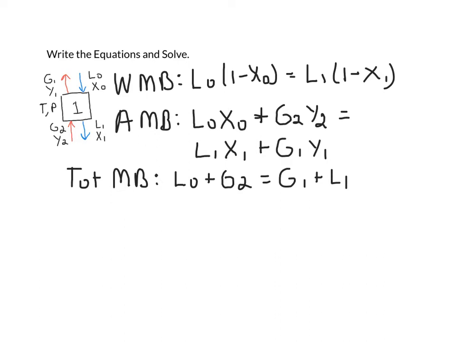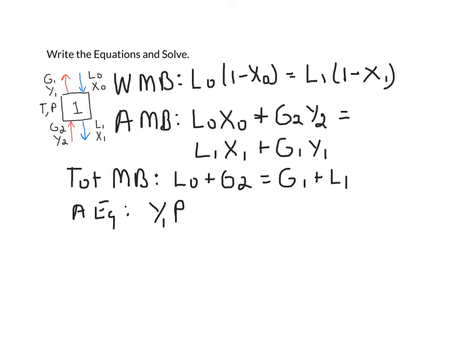Let's see, we have the ammonia equilibrium. That will be the partial pressure of ammonia, which is Y1 times the total pressure.